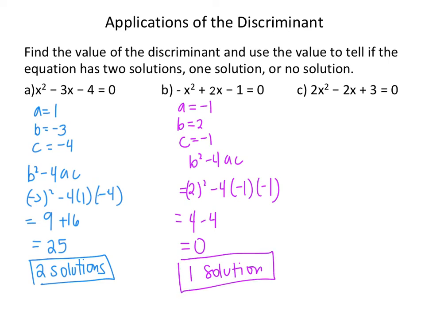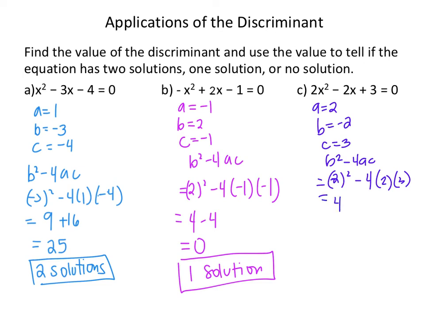Looking at this last one, I see that a is equal to 2. B is negative 2, and C is 3. Again, my discriminant, b squared minus 4ac, is equal to negative 2 squared, I'm sorry, minus 4 times 2 times 3. Negative 2 times negative 2 is positive 4.